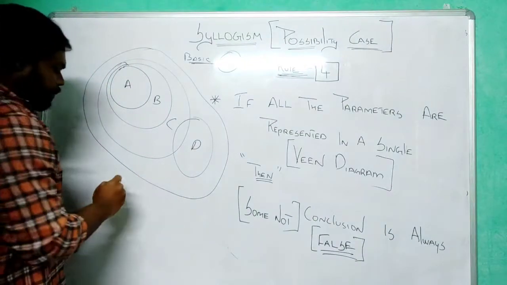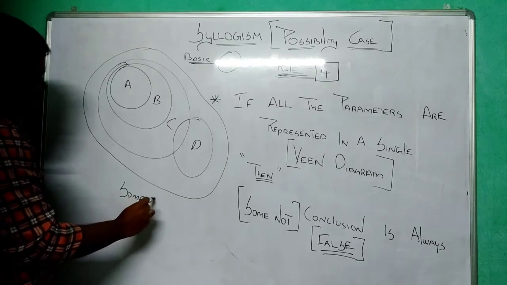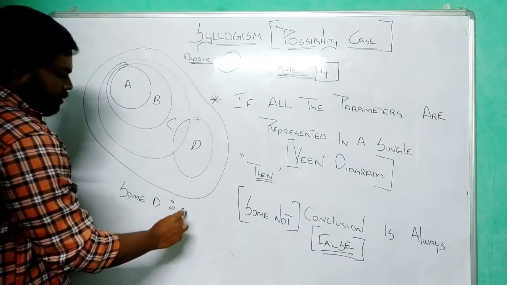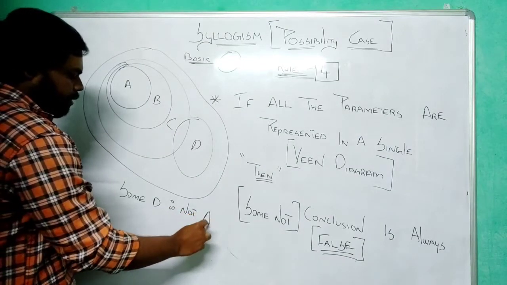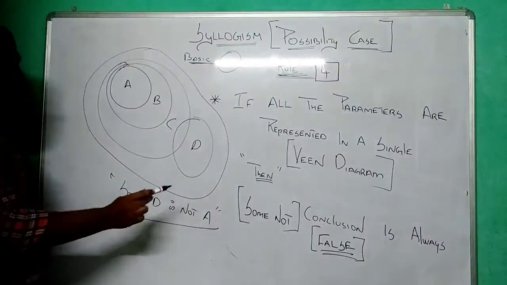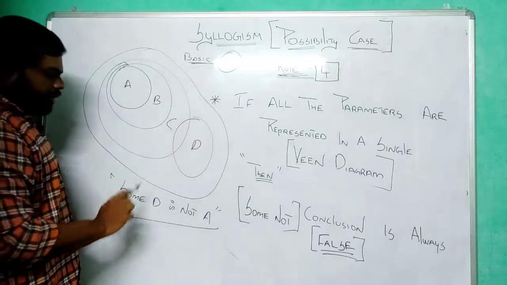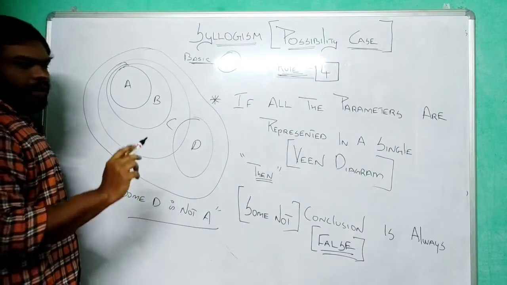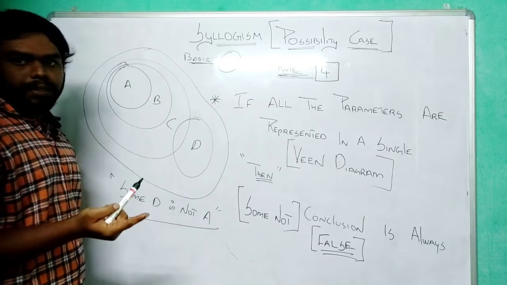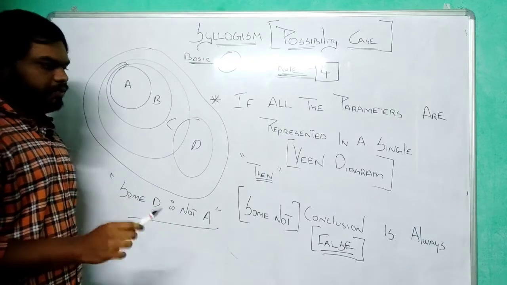If I say some D is not A, it is always and always false in the possibility case, right? If it is false in any one diagram, for example, if it is false in the basic diagram or if it is false in the possibility diagram, we mark the some not conclusion as false, right?